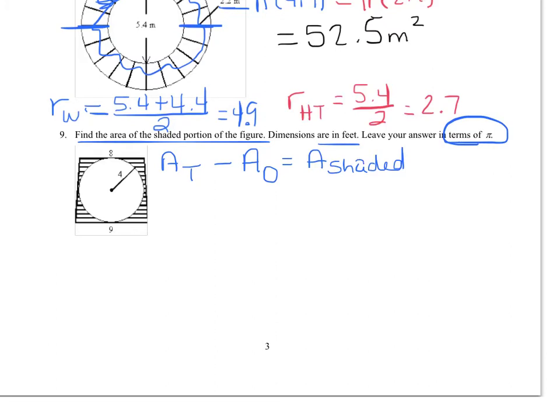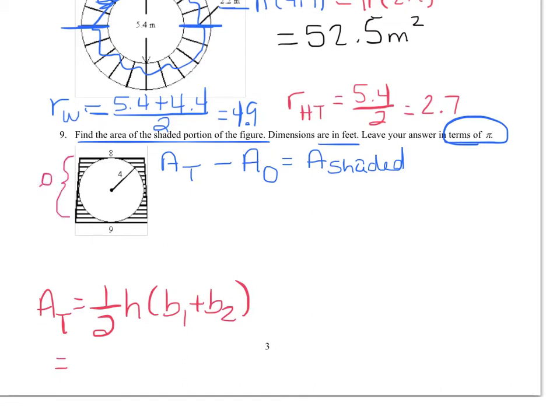So when you guys do this, area of the trapezoid formula is 1/2 the height times the sum of the bases. So when we do this, the height is 2 of the radii, so it's 8. So you end up with 1/2 times 8 times base 1, 8, plus base 2, 9, which is the bottom. And if you put that into the calculator, you end up with 68.